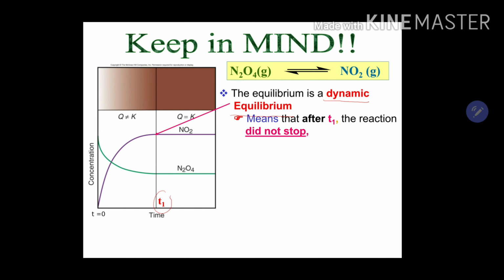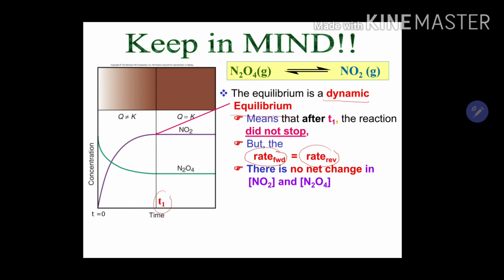It means after T1, the reaction did not stop, but the rate of forward is equal to the rate of reverse. There is no net change in the concentration of NO2 and N2O4 after T1. But it does not mean that the concentration of NO2 is equal to the concentration of N2O4.